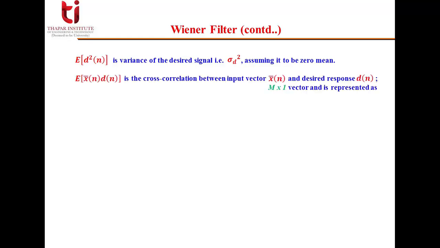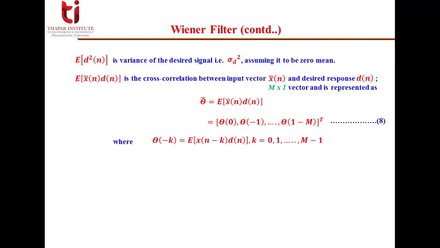Next is another term, which is the expectation of the cross-correlation between the input vector and the desired response. Again, this will be an M cross 1 vector, and it is represented as theta. So it is the expectation of x vector n times d n, and it has values theta 0, theta minus 1, up to theta 1 minus M. Also we can write it as theta minus k, the expectation of x n minus k d n, where k runs from 0 to M minus 1.